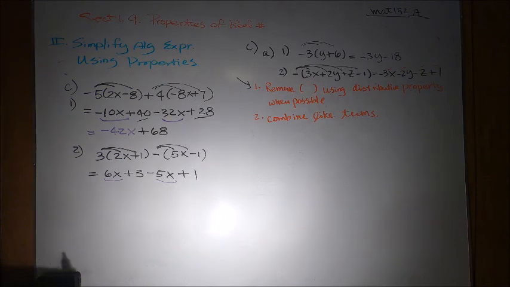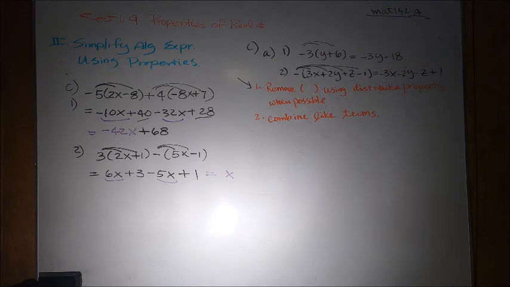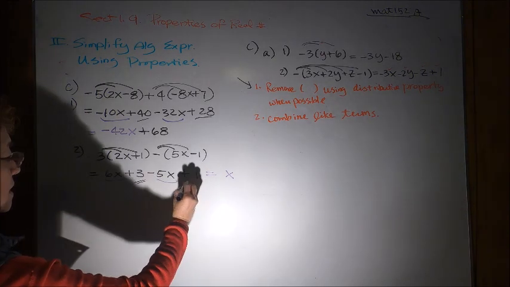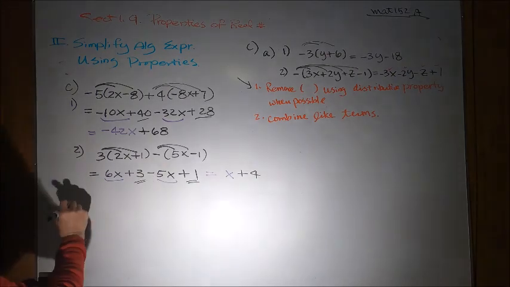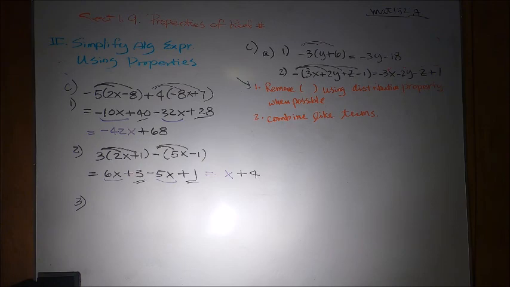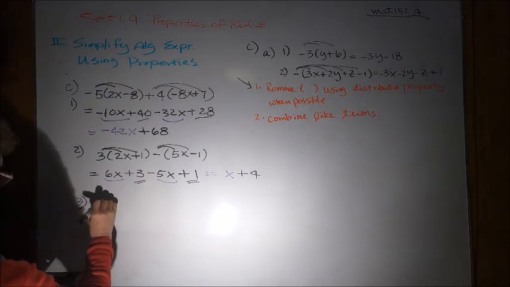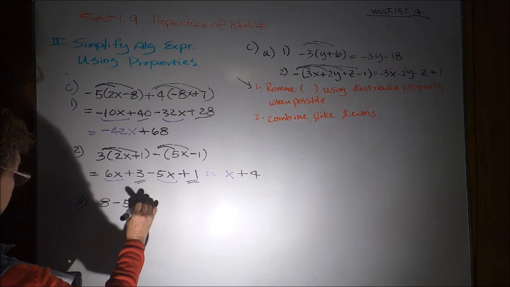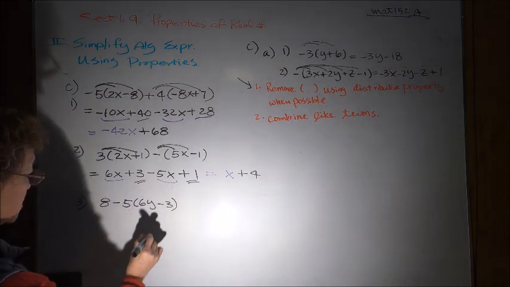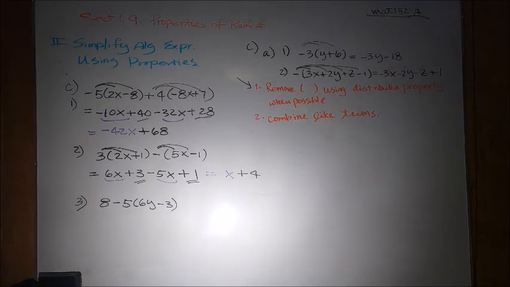Yes. 6x minus 5x, that would be 1x. And the numbers, 3 and 1, that will be your 4. Manageable, right? So algebra is not that hard. Just connect those symbols, abstract concepts, with whatever you can think of.